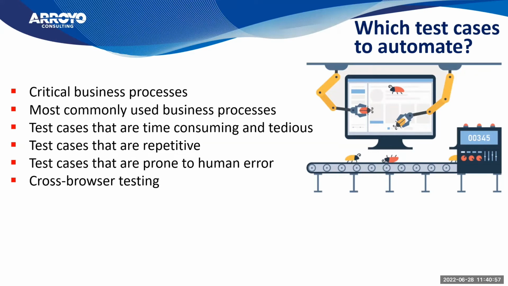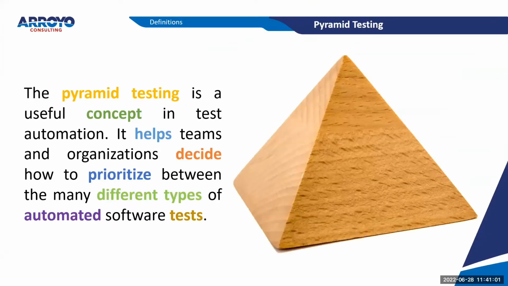So regarding the pyramid, the idea is that pyramid testing is a concept that helps the organization decide how to prioritize the different types of automated tests you can do.